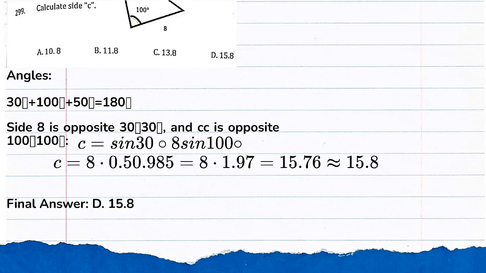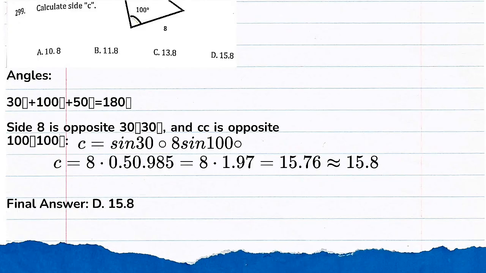Calculate side C. A, 10.8, B, 11.8, C, 13.8, or D, 15.8. So the angles 30 degrees plus 100 degrees plus 50 degrees is equal to 180 degrees. Side 8 is opposite 30 degrees and C is opposite 100 degrees.